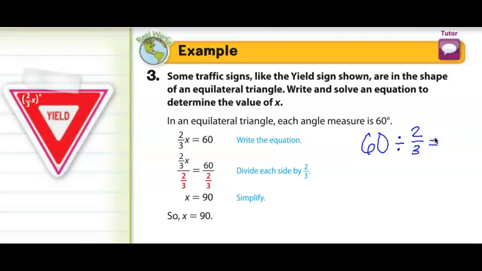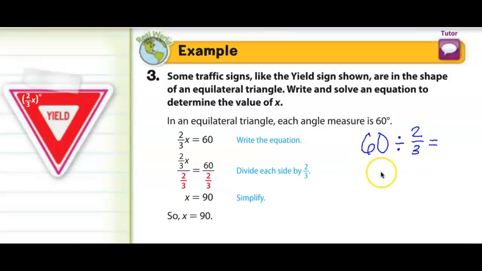Now, we've watched several videos about this. Essentially, what we're supposed to do is multiply by the inverse. Because multiplication and division are in the same fact family, the inverse multiplied is going to give us the same result as dividing by 2/3.